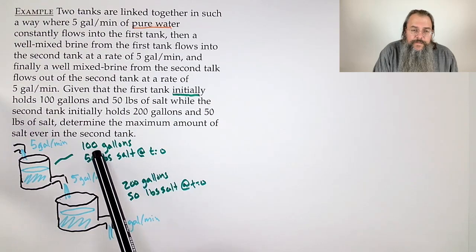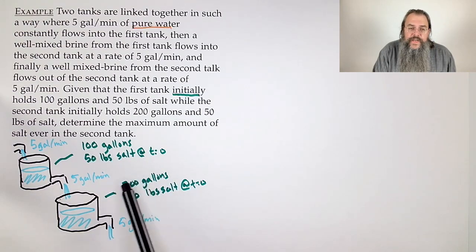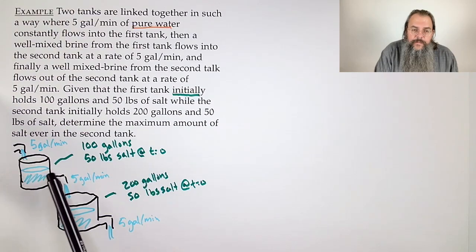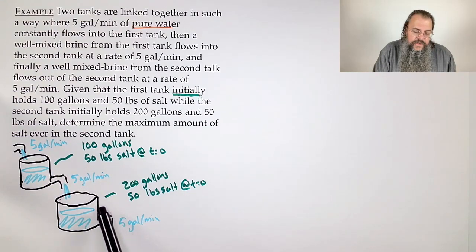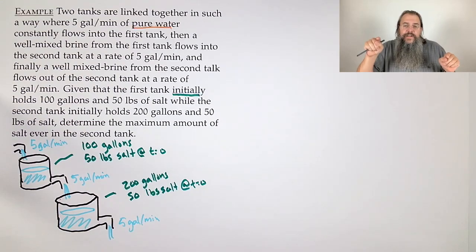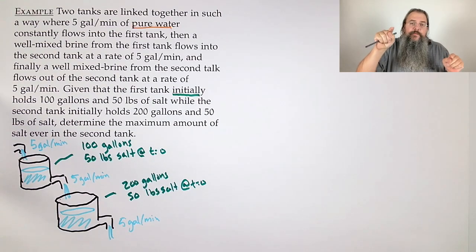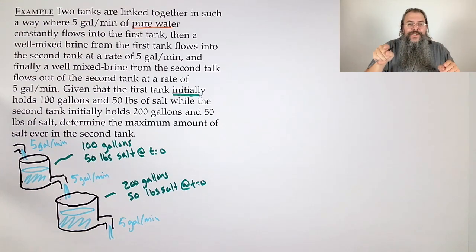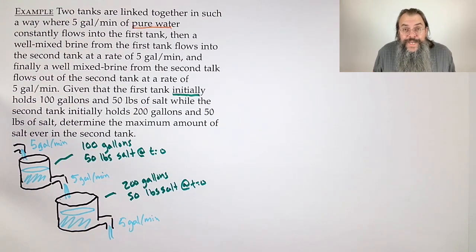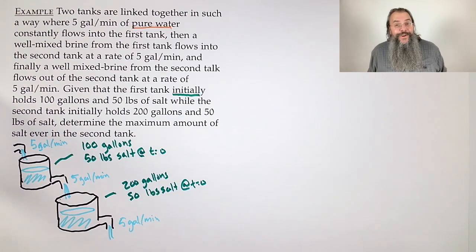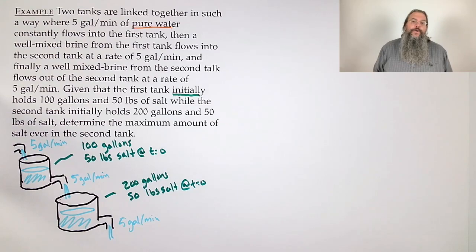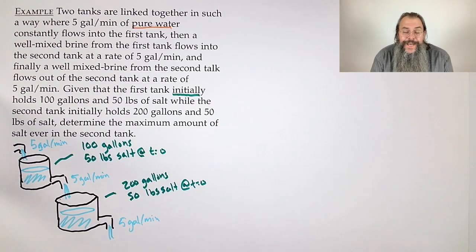Because this says there's 50 per 100 gallons and this says 50 per 200 gallons. So initially, this is saltier water coming in than what's going out. That says our concentration is going to go up initially, and then it's going to go down. So there should be a time when we peak, our maximum saltiness. All right, good. Okay.